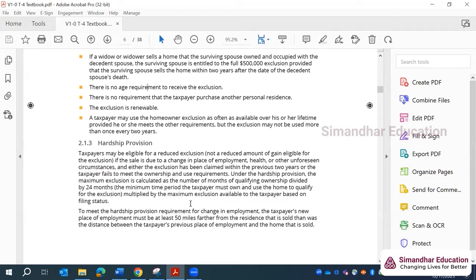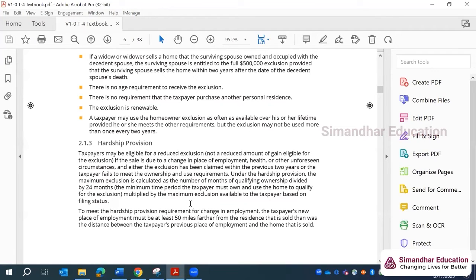Now, how would we determine how much benefit we will get? It will be decided upon your ownership of the property, right? So what is the minimum period that you have to own the property in order to get the full exclusion of $250,000 or $500,000? Two years, right? Now, let's say that someone is staying in that property only for 6 months, and then that person is diagnosed with cancer, and now there's a hardship, that person has to sell the house.